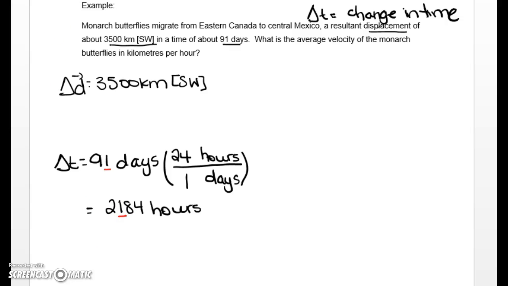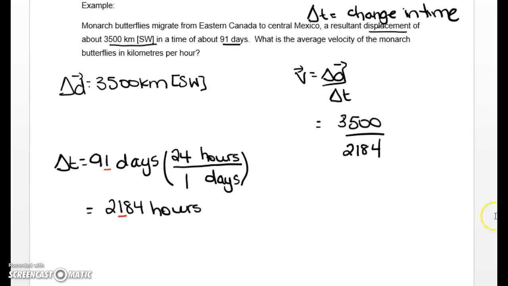Now that I'm working with proper units, I'm going to go ahead and use my velocity equation, where velocity is equal to your change in displacement over that change in time. So my displacement here is 3,500 divided by 2,184.